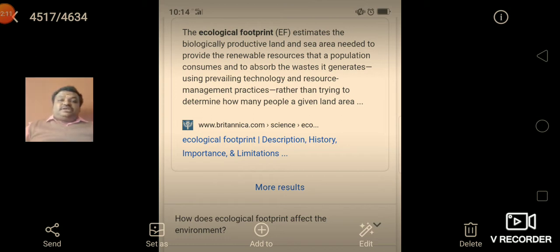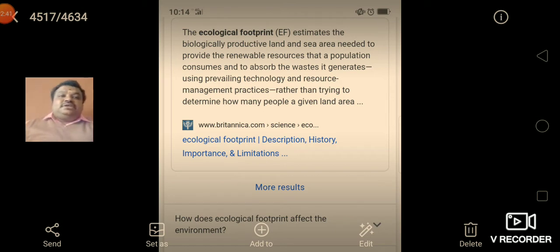When anyone asks you about the ecological footprint, you have to give the meaning of footprint like this. Understood? Then this indicator is an estimate of the amount of space on the earth that an individual uses in order to survive using existing technology.